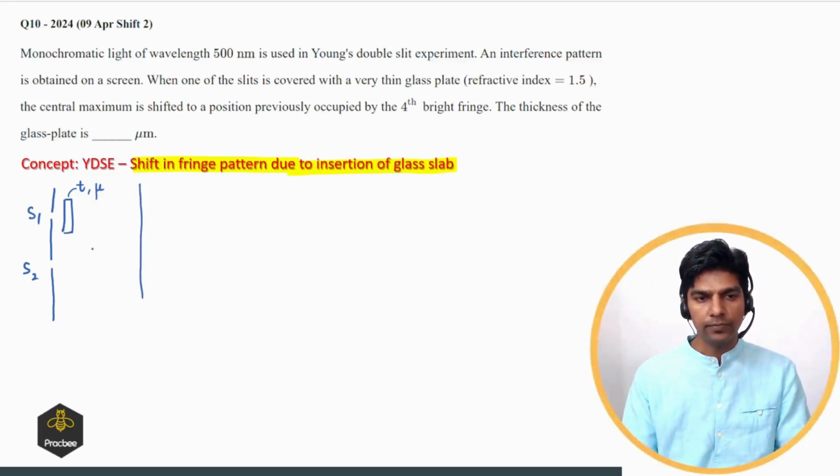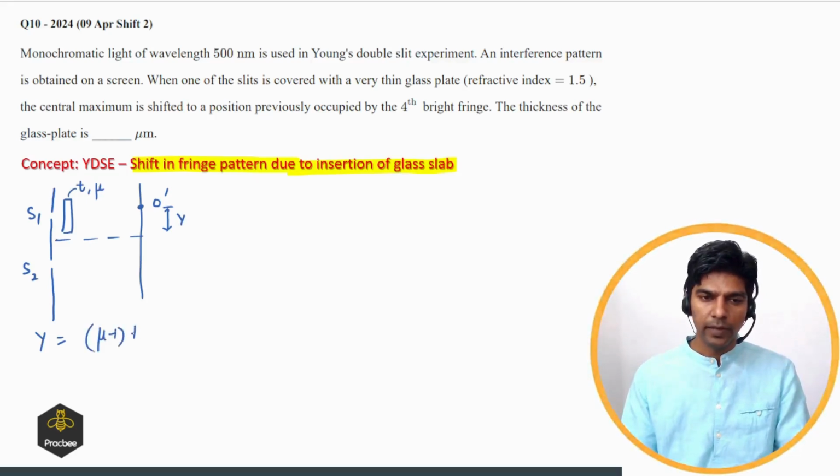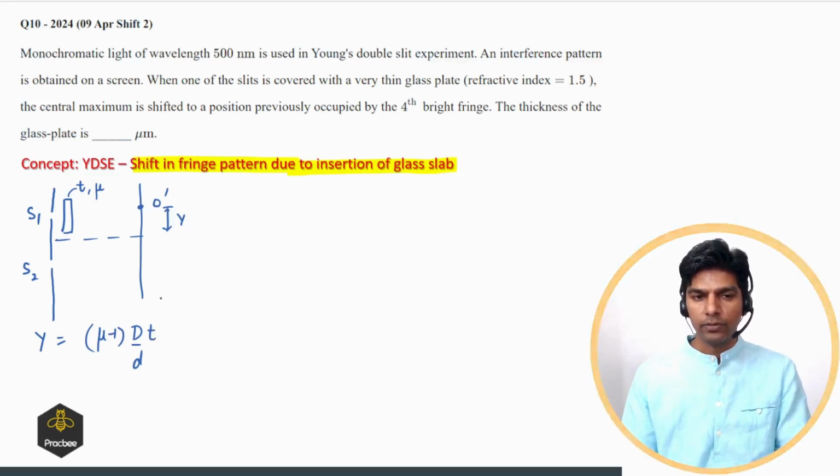Now in this case, the central maxima will shift in the direction of the glass slab. Let us say this is the new position of the central maxima. Let me call this shift y. This shift is given as (mu minus 1) times D by d times the thickness of the glass slab. So this is the case for a single slab.